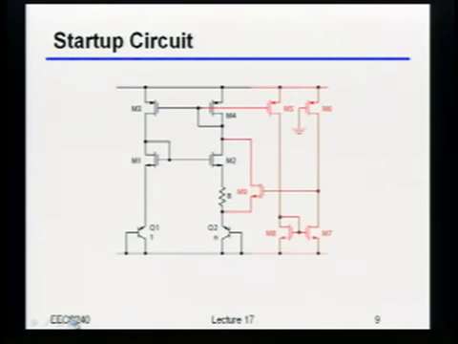Now again, there are a bazillion different ways you can build startup circuits, but they all boil down to the same idea: detect if there is zero current. If there is zero current, shove some current into the thing. Once you've done that, the thing should start, and then you can shut yourself off because you know that it won't be stuck at this metastable point of zero current, okay?